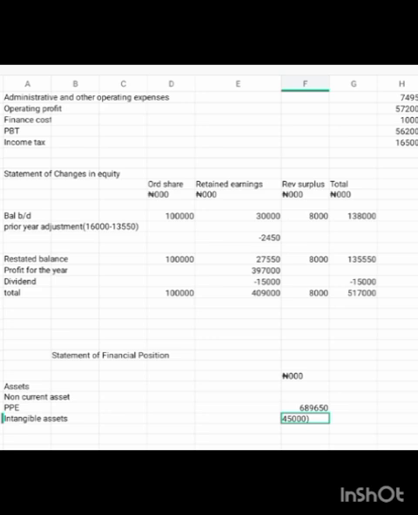If we subtract this from... we are not subtracting it though, we are adding it. $45,000. All right, we move to current assets.